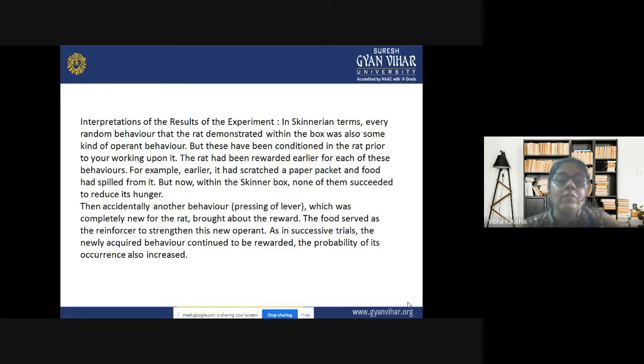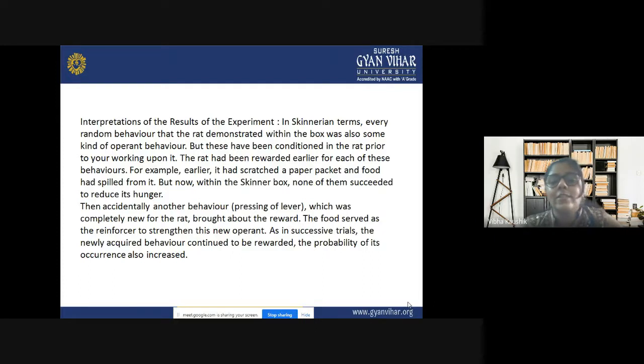The food served as the reinforcer to strengthen this new operant behavior, meaning the pressing of the lever will give him the food.